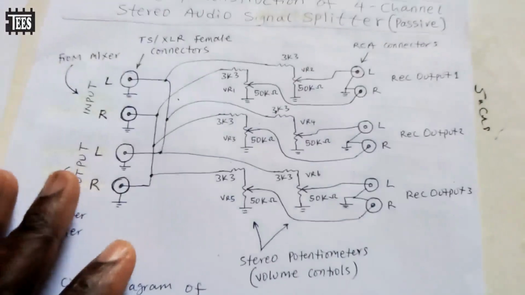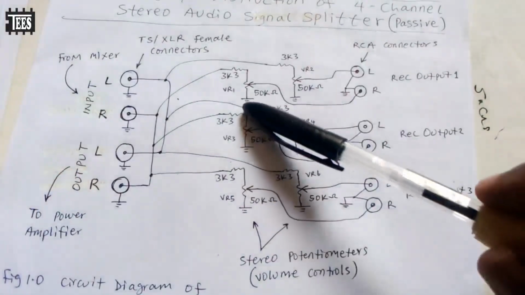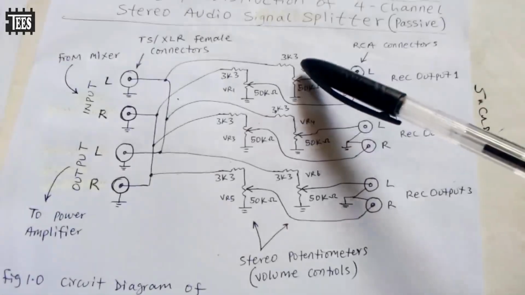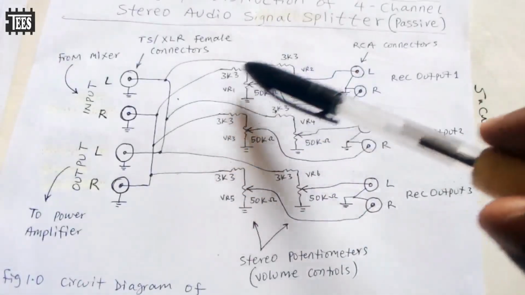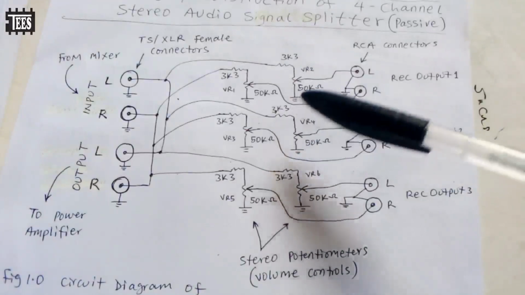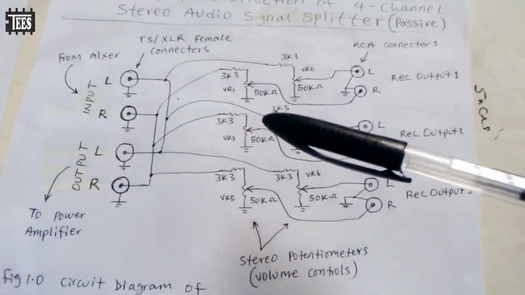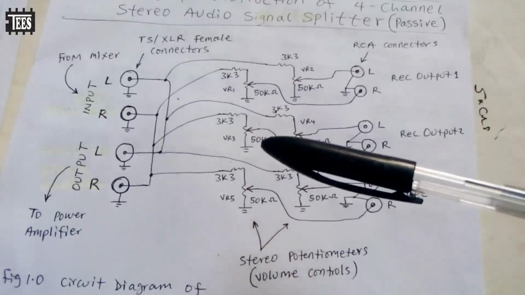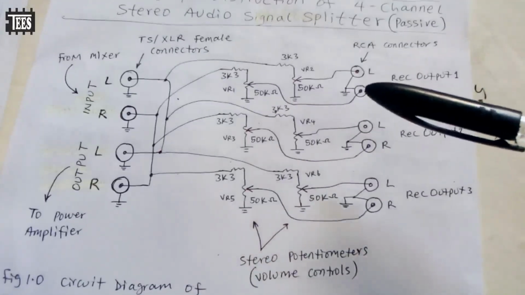So what we have here are resistors. I have to use resistors to drop the signal level. It doesn't affect the quality of the signal, just the level. I need to drop it because we are taking this for recording equipment.